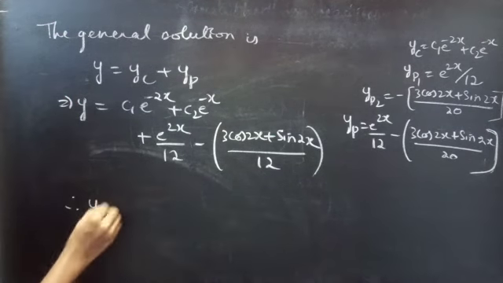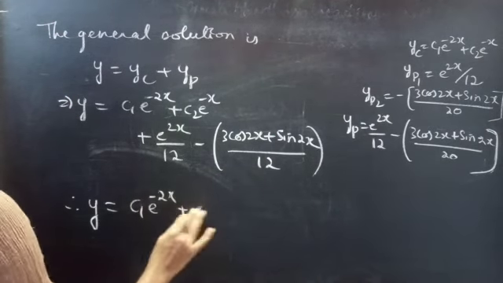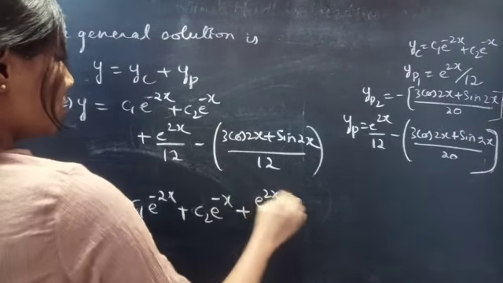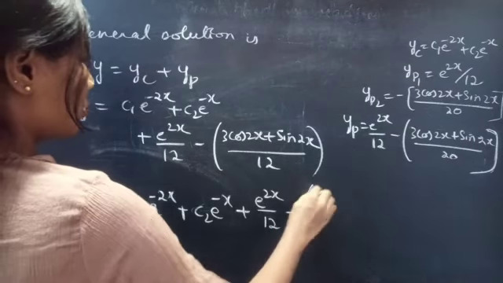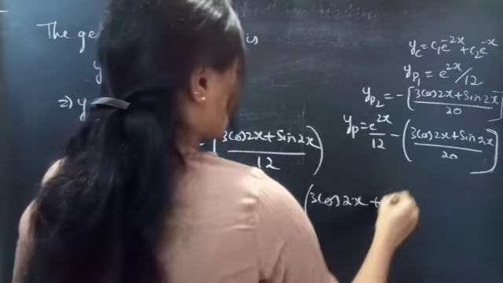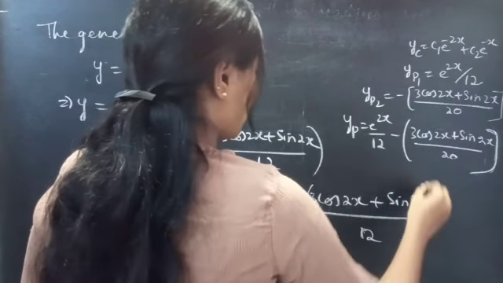Therefore, y equals to c1 e power minus 2x plus c2 e power minus x plus e power 2x by 12 minus of 3 cos 2x plus sin 2x by 12.